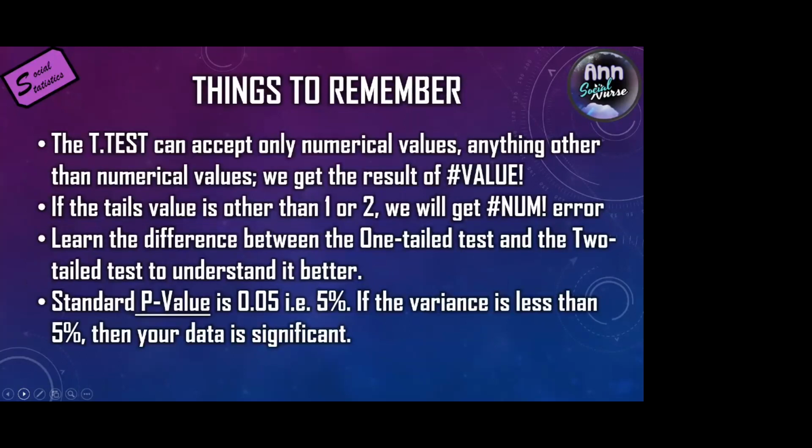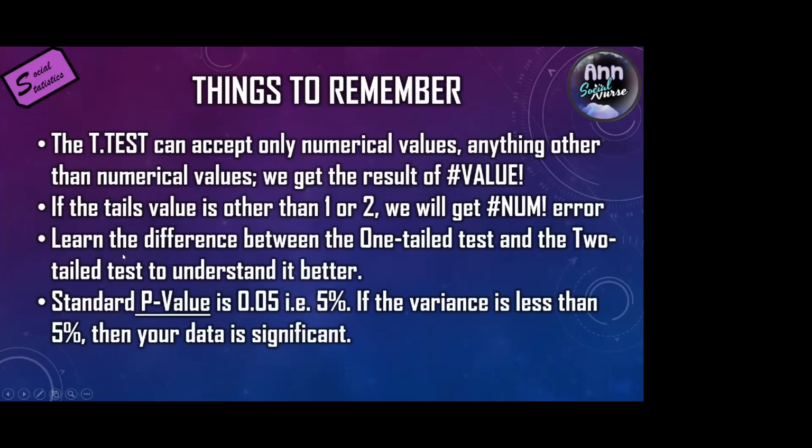Now, the thing to remember is that the t-test can accept only numerical values. Anything other than numerical values, we get an error result in a cell in Excel. If the tails value is other than 1 or 2, because the tail value is just either 1 or 2, we will also get this error, and Excel will not continue the command that you are giving it.